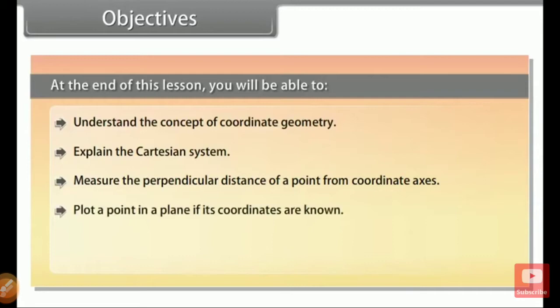Geometry is the study of shapes and sizes in various dimensions. There are many kinds of geometry, like Euclidean geometry, non-Euclidean geometry, coordinate geometry, etc. Today we will learn about coordinate geometry.